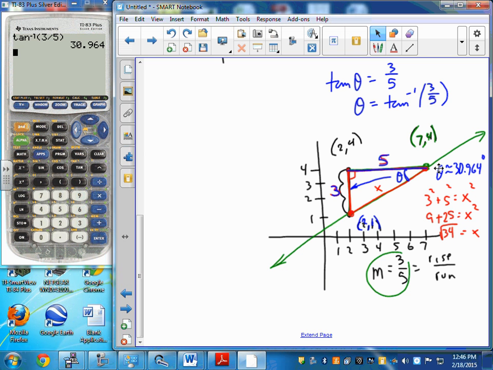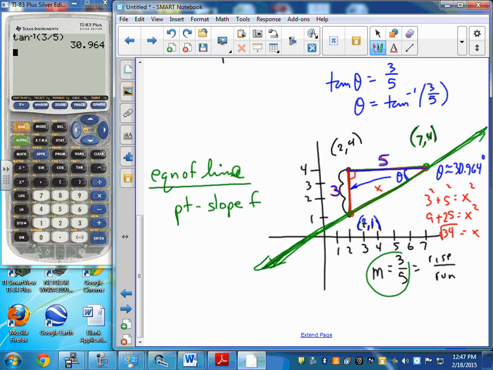Well, if we know our algebra, we can find the equation of this line. Right? To find the equation of the line, probably the most useful form here is called the point slope form. In your book, check. You should know this from algebra, and this is a little review here. The point slope form of a line requires a point, and it requires the slope.